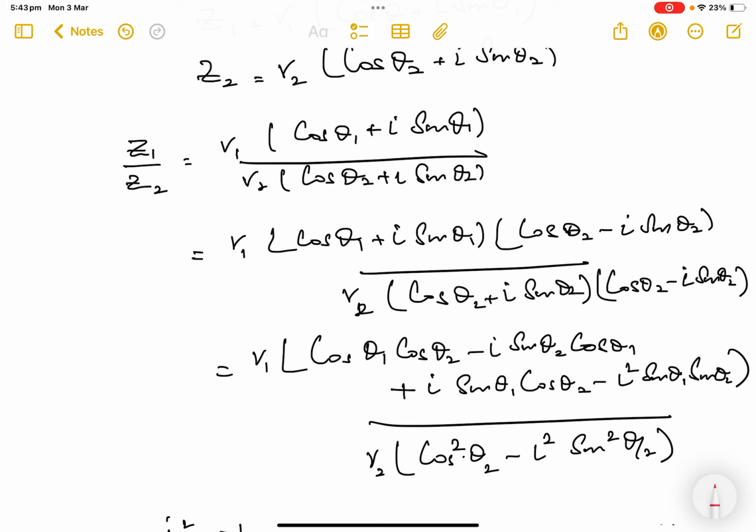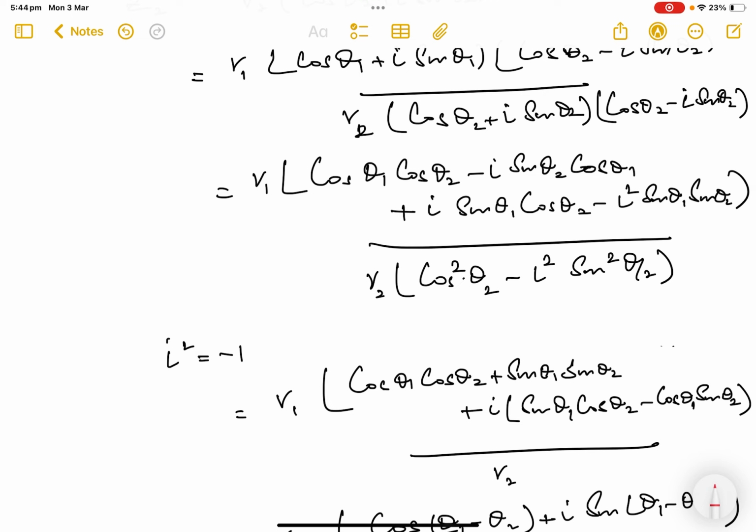The conjugate of cos theta 2 plus i sine theta 2 is cos theta 2 minus i sine theta 2.